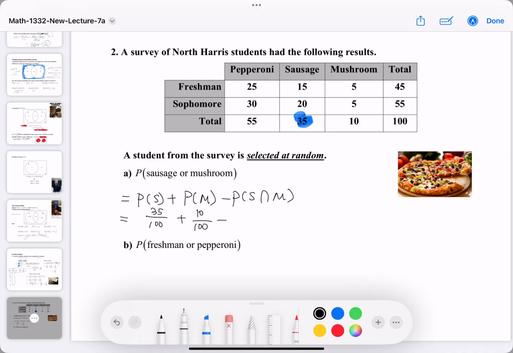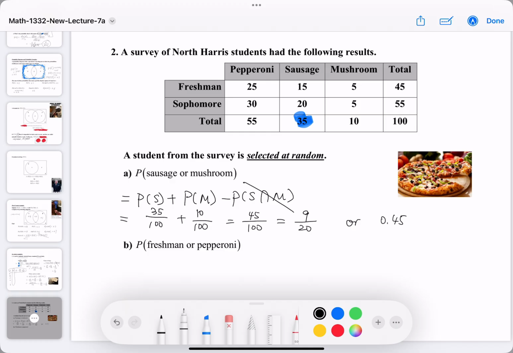So mushroom and sausage, there's no overlap. That means probability is 0. So we can just stop here. Add the tops together. We'll have 45 over 100, which is 0.45. You can simplify this to 9 over 20, or you can give me 0.45.